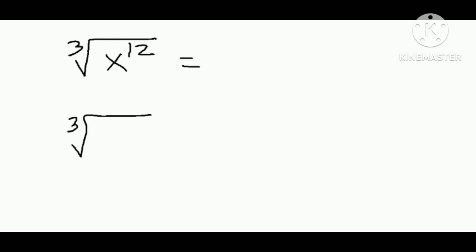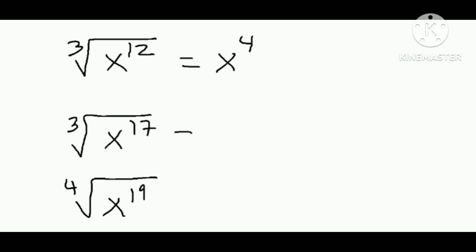Now what about the cube root of x to the 12th power? And the cube root of x to the 17th, and let's say the 4th root of x to the 19th. So, starting with the cube root of x to the 12th, we can just divide it. 12 divided by 3, that's 4. So it's x to the 4.